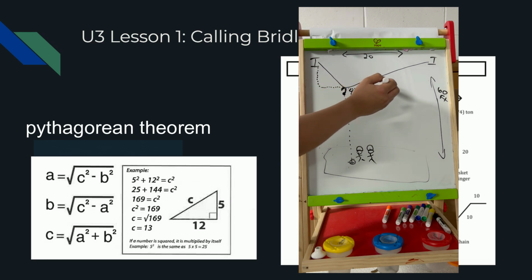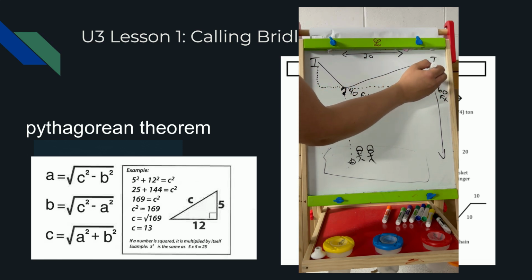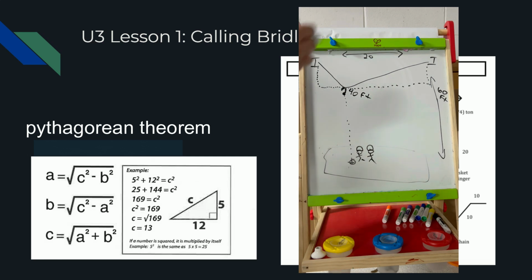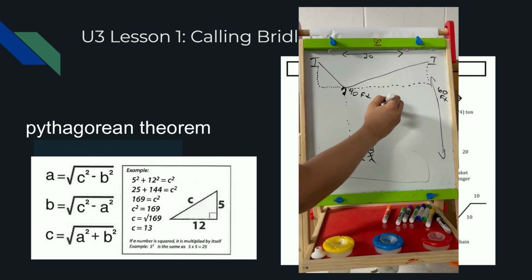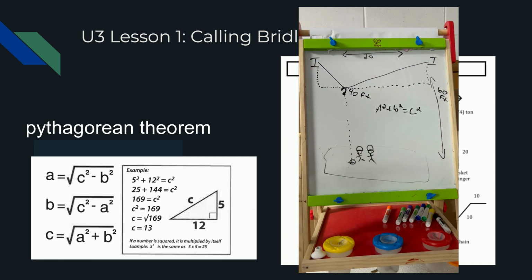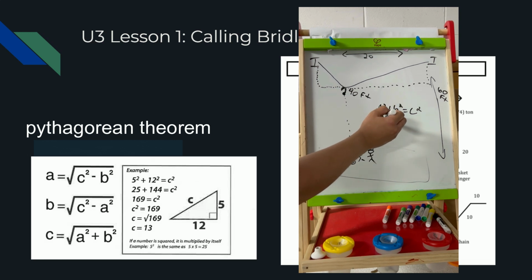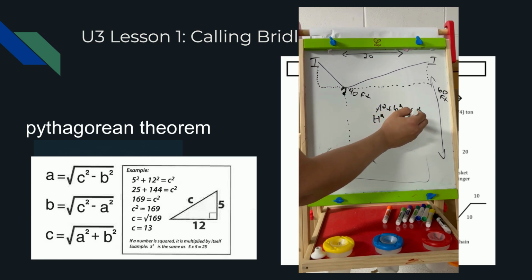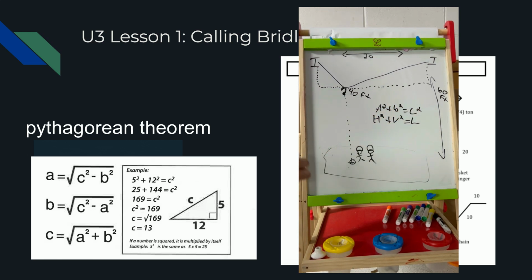We want to catch the distance from here to here. Now we have 2 right triangles. This is where the Pythagorean theorem comes in, which is a squared plus b squared equals c squared. But in this, we're going to say horizontal squared plus vertical squared equals leg, because this is a leg. So we'll call this h1.